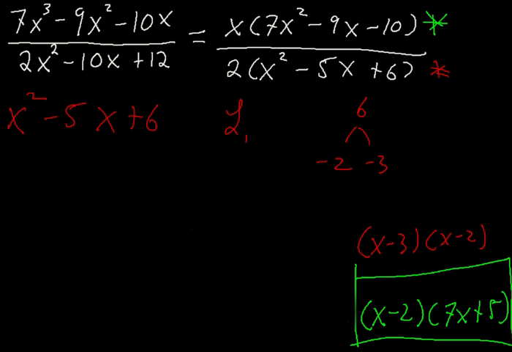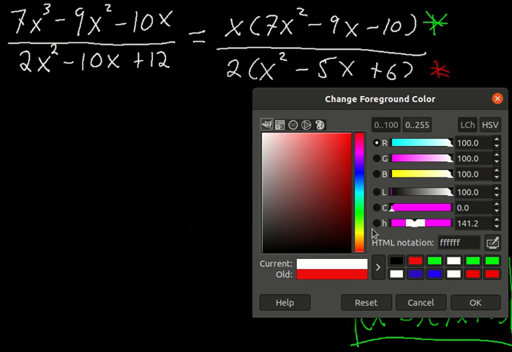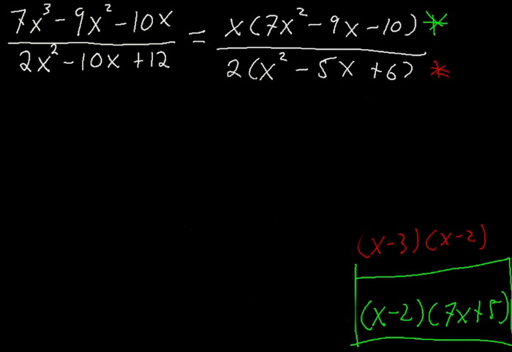All right, let me get rid of that real quickly, and then we can finish this problem. It's a long problem, obviously. Switch back to white. Okay, so we discovered that we have x times x minus 2 times 7x plus 5, over 2 times x minus 3 times x minus 2.